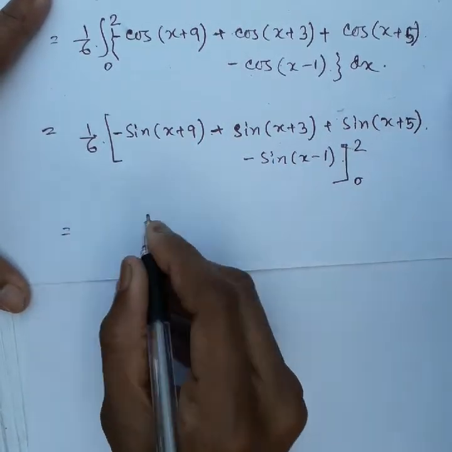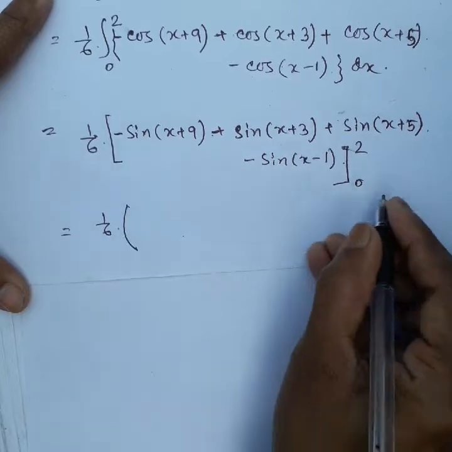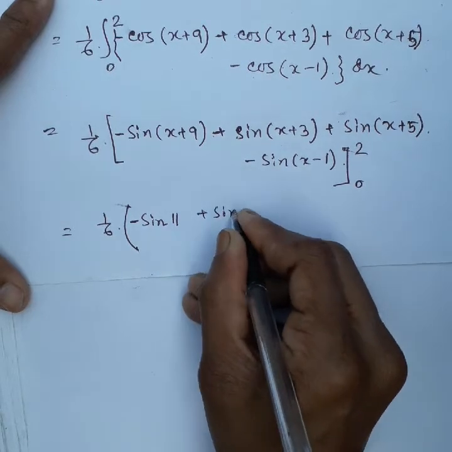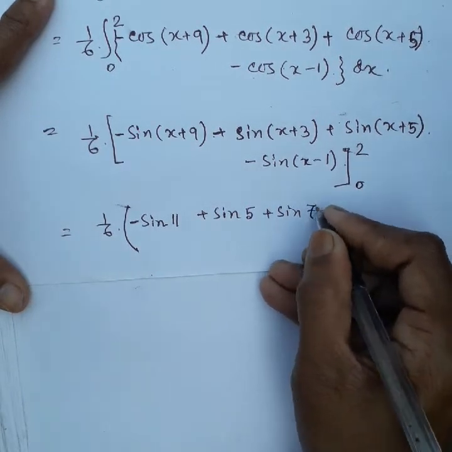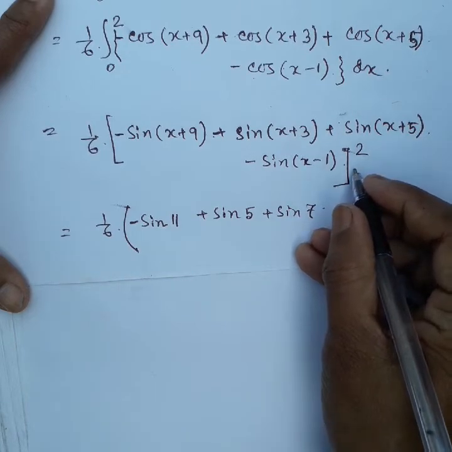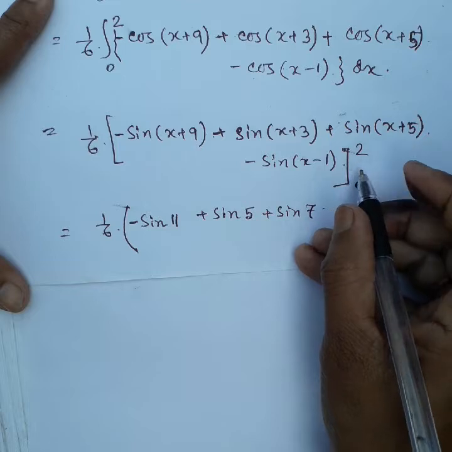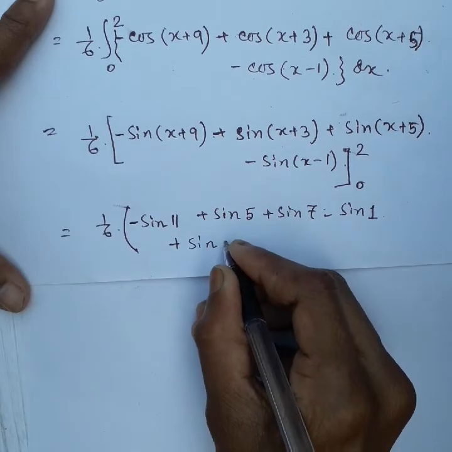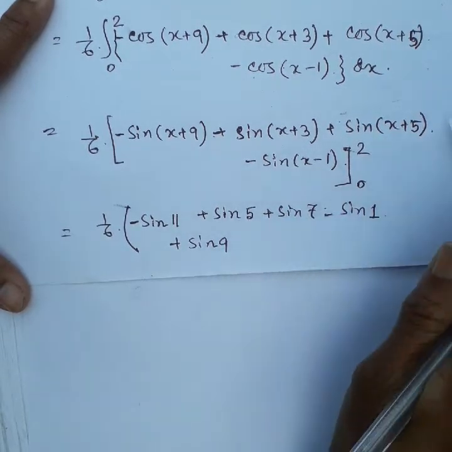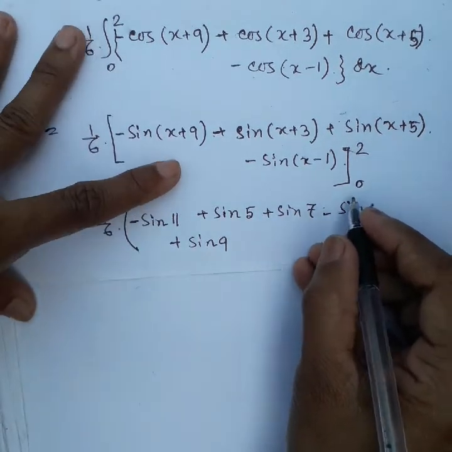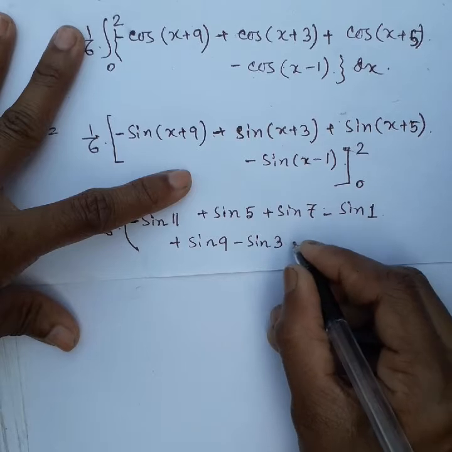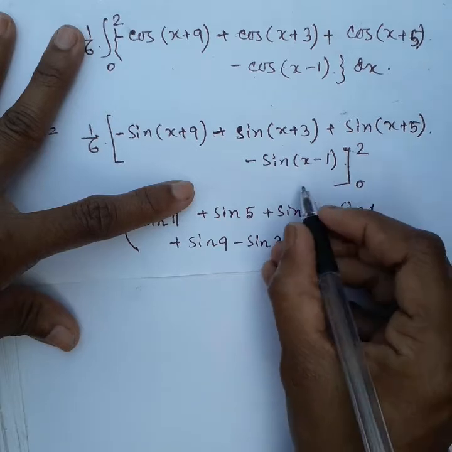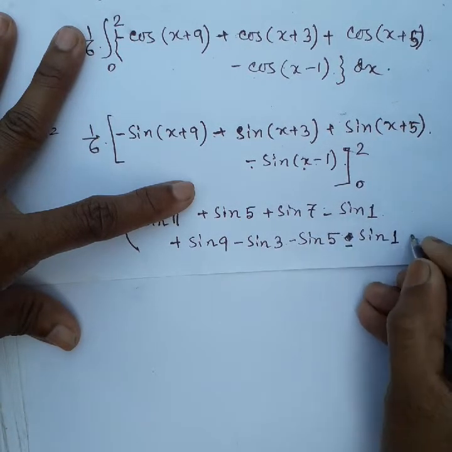So from here it is 1/6. If we put x equals 2 here, this is minus sine 11 plus sine 5 plus sine 7 minus sine 1, plus sine 9 minus sine 3 minus sine 5 plus sine 0, which is 0, minus sine 1.